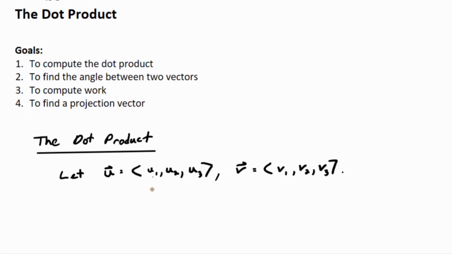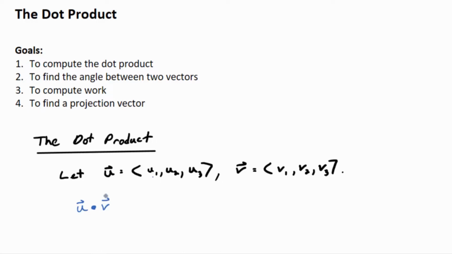And then usually if I want to represent u component-wise, I'll just let the components be u subscript 1, u2, u3, and then similarly for v, v1, v2, v3. So the dot product, it's about the easiest you could hope for to compute. If you take u, here's the notation. We use a big old dot.